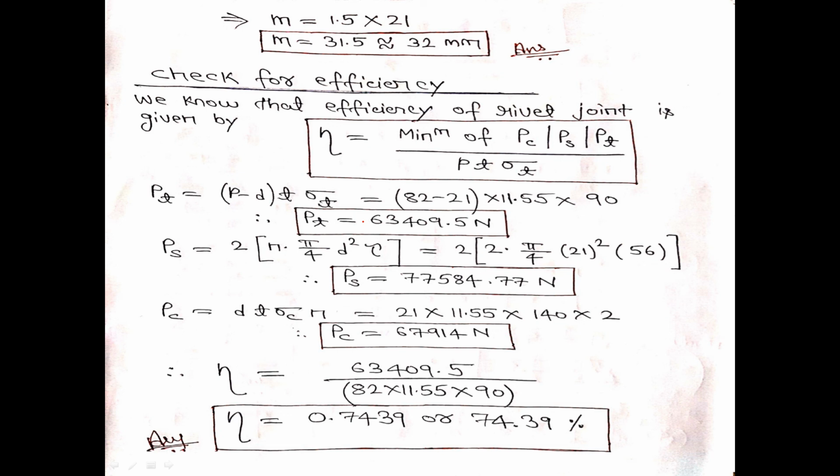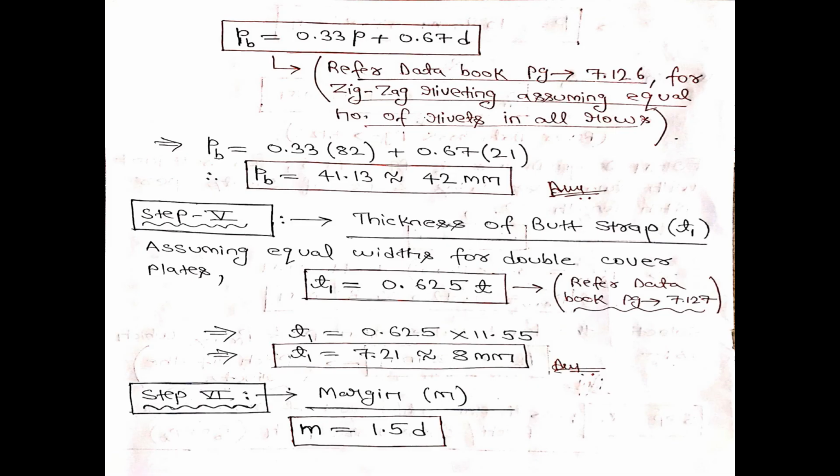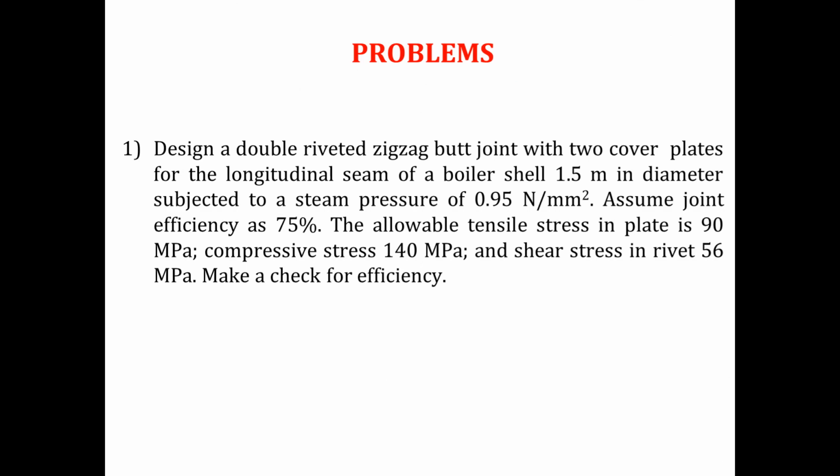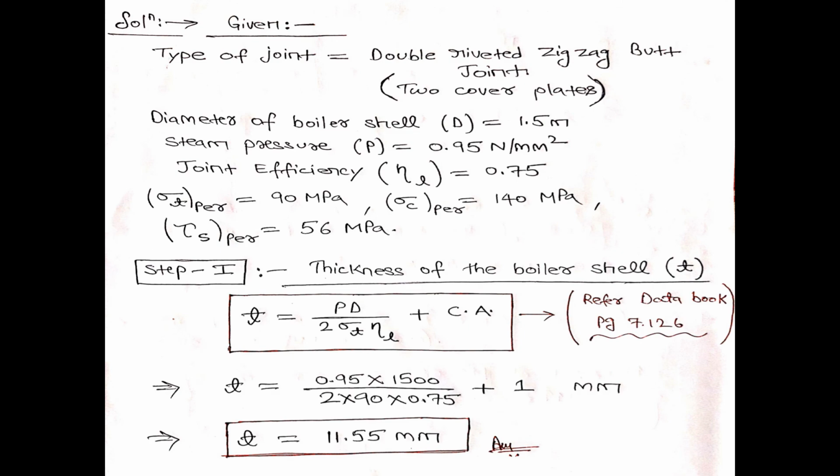So this is the complete design procedure of the longitudinal zigzag butt joint. Similar types of problems are available in the example part as well as in the exercise part of the V. V. Bhandari book. So please solve those problems.